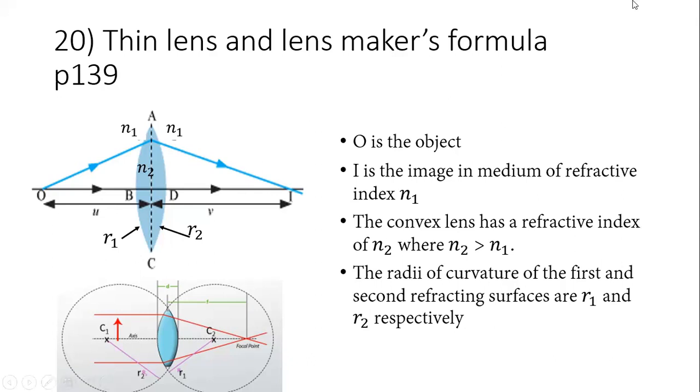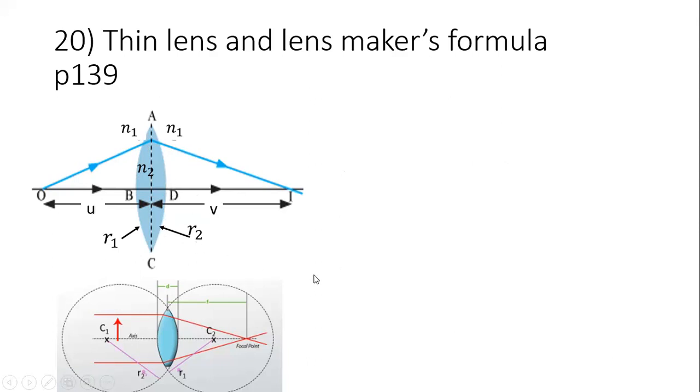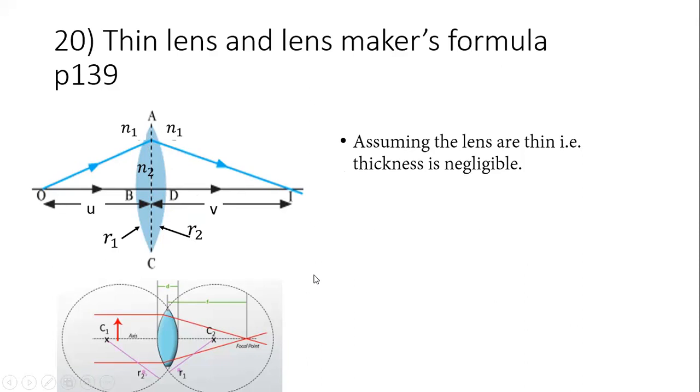Okay, as can be seen, this one is curvature, radius is R1. This one is a spherical surface, radius is R2. Assuming the lens is thin, right, that means the thickness is negligible compared to U or V or compared to the radius. OB, right?